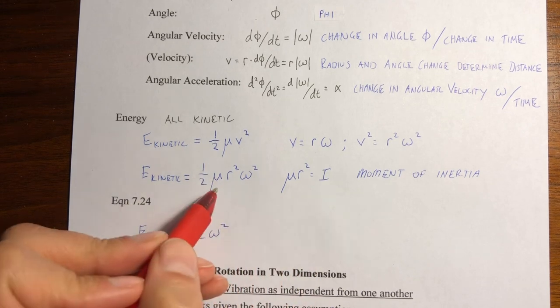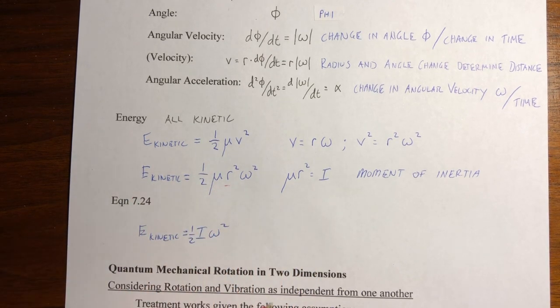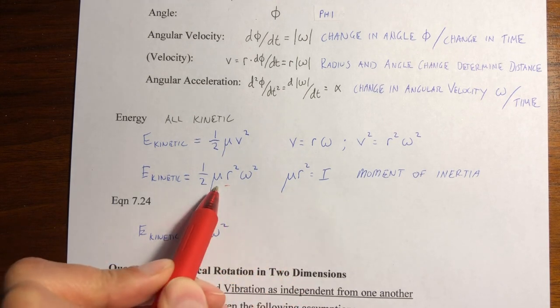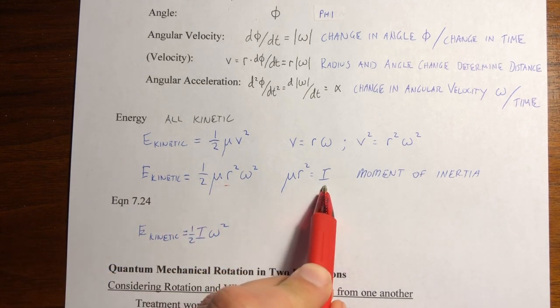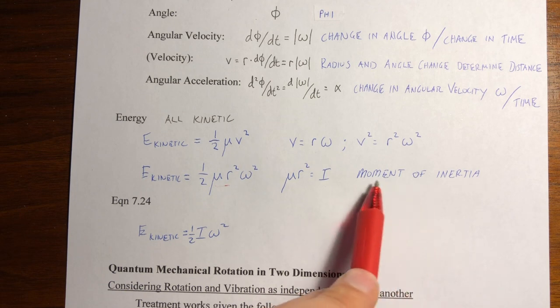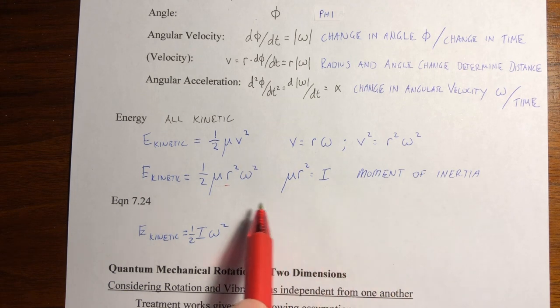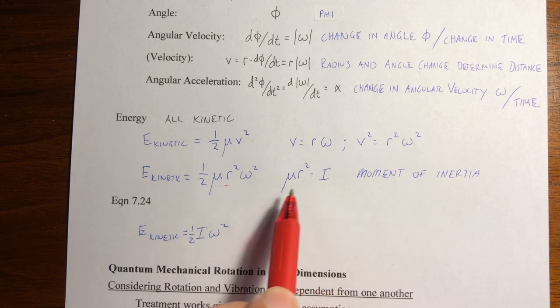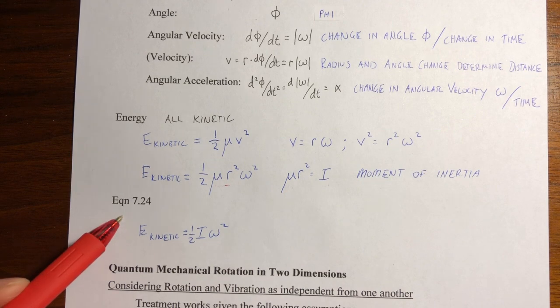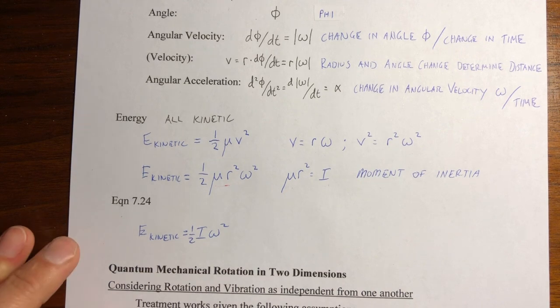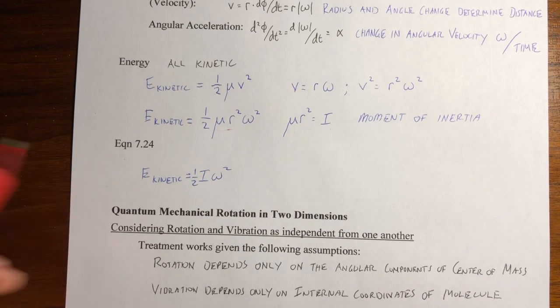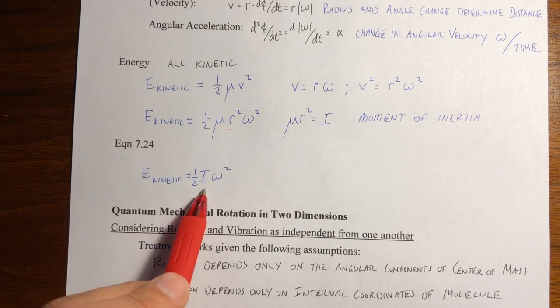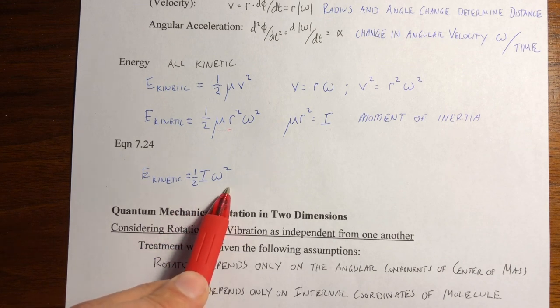Now, this term, mu r squared, has its own definition, which is equal to I, and that is considered the moment of inertia. So we can simplify our equation for kinetic energy by substituting I for mu r squared. And if we do that, we get equation 7.24, which is kinetic energy is equal to 1/2 I omega squared.